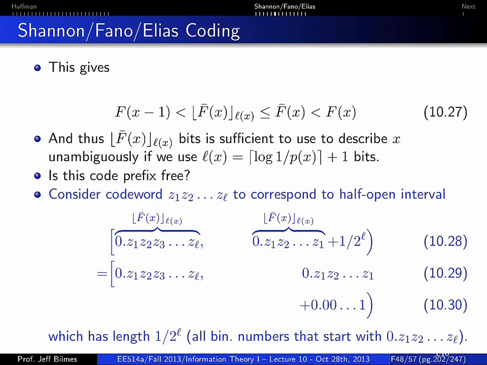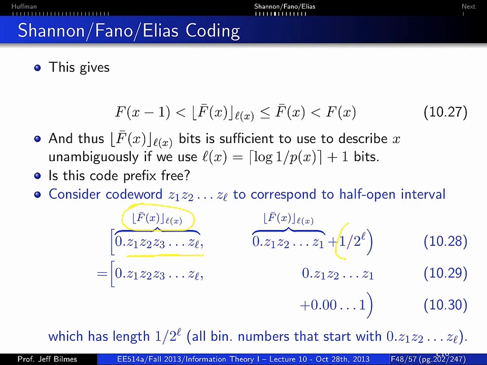So let's talk a little bit more about these intervals and consider these half-open intervals. Let's start the half-open interval with 0 point this binary expansion, which is z1 through zL, which basically is f bar of x truncated to L bits. And then let's add on another 1 over 2 to the L, and it's open on the right side and closed on the left side.